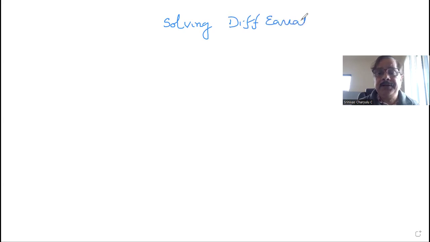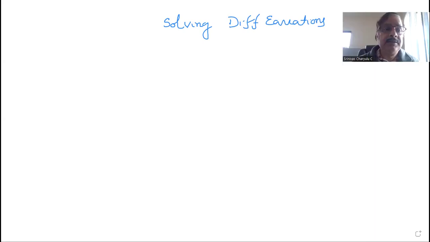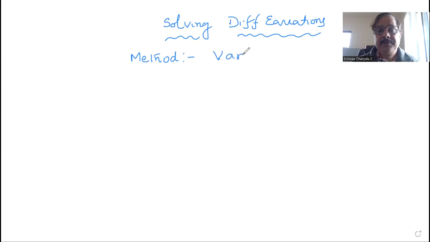So the first method for us is called the variable separable method. So this is the type. Very, very simple. Nothing to worry. We will solve one by one and understand this.